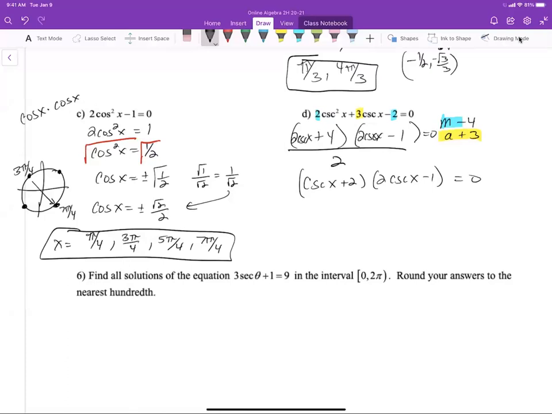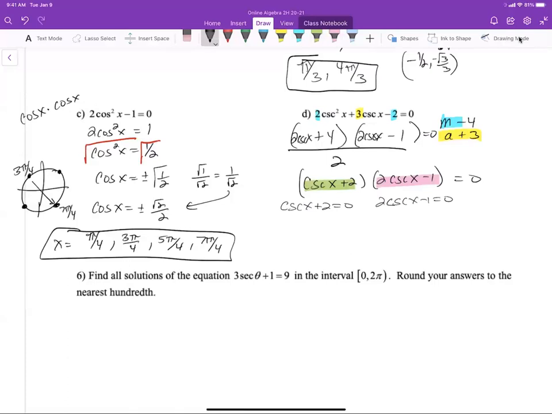Now, either this side is equal to 0 or this part of the equation is equal to 0. So I'm going to go ahead and set those equal to 0, and then we will solve them.